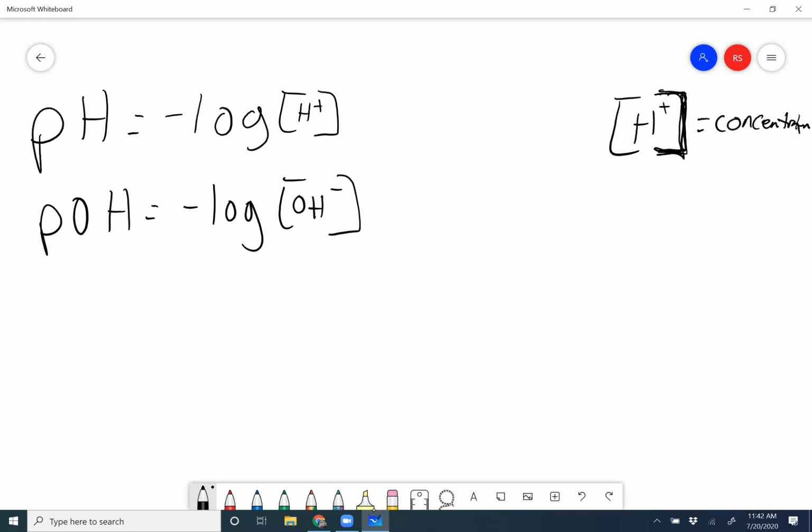Now, why negative log? Because again, if we're talking about an acid and it has like 3.76 times 10 to the negative 5th molarity, to a regular person, that doesn't make any sense at all. They're just like, what is 3 times 10 to the negative 5th? And what's molarity?